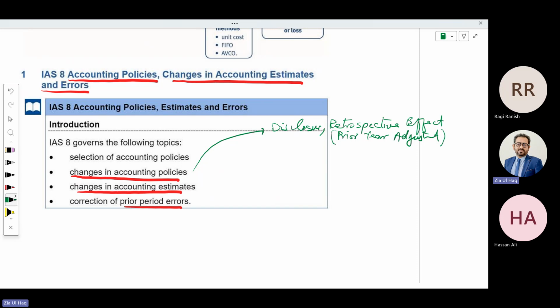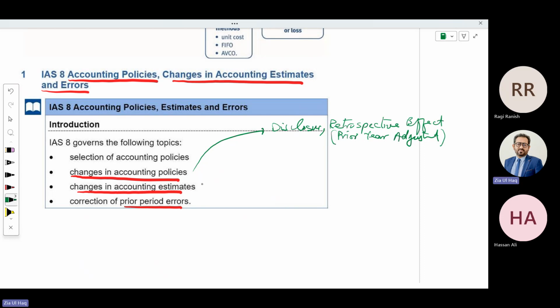So you need to adjust the opening balances, meaning the figures coming from the prior period. You need to adjust the comparatives, meaning prior year figures, and provide a disclosure in the financial statements. In case of accounting policy change, disclosure is required as well as retrospective effect, meaning prior year adjustment.